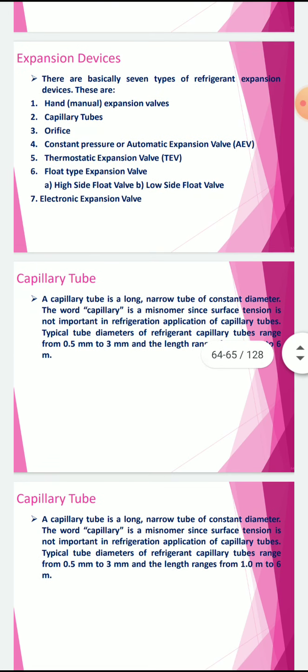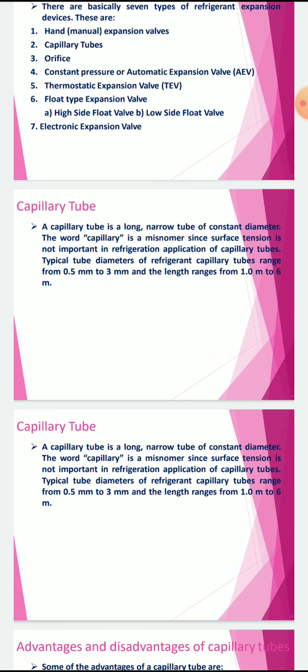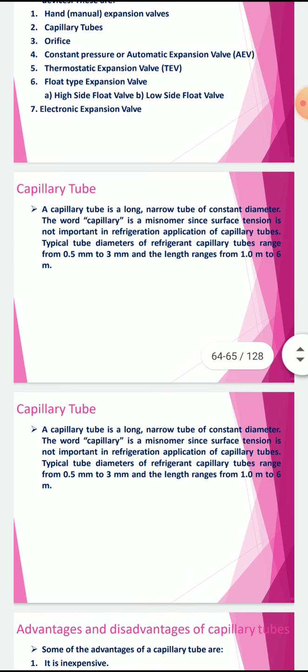Few of them were discussed here. Capillary tube. A capillary tube is a long, narrow tube of constant diameter. The word capillary is a misnomer since the surface tension is not important in refrigeration application of capillary tubes.